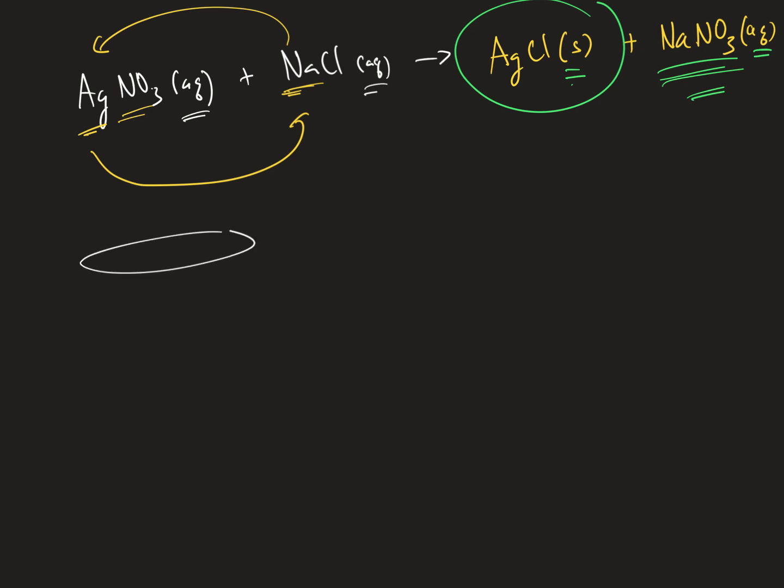So we have our container of solution, of water, and you throw silver nitrate in it, what happens? It dissociates, it breaks apart. So we got silver plus ions and nitrate minus ions. You with me?